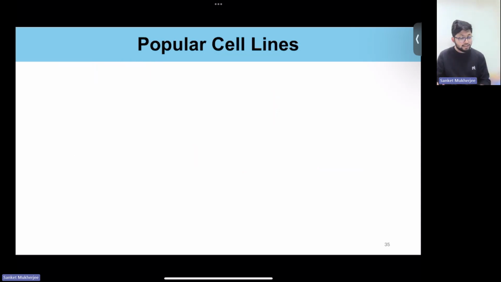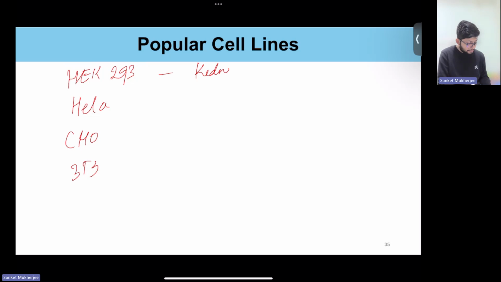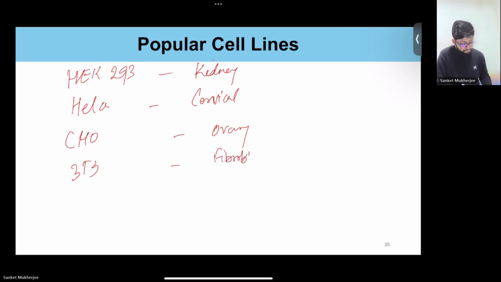Some popular cell lines which we know are HEK cells, HEK 293, HeLa cells, CHO cell lines, 3T3. HEK is from kidney. HeLa is from cervical cells. CHO is ovary. Then there is 3T3, which is from fibroblast. Similarly, multiple cell lines are there.